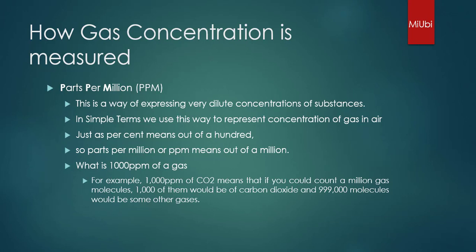What it means is you have 1000 molecules of CO2 in 1 million gas molecules. The air is not just CO2. You have nitrogen, oxygen, carbon monoxide, carbon dioxide, and a little bit of inert gases. So the usual measurement used for quantifying the concentration of gas is parts per million, or ppm.